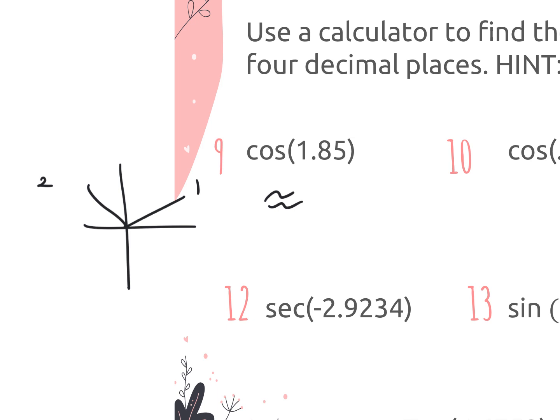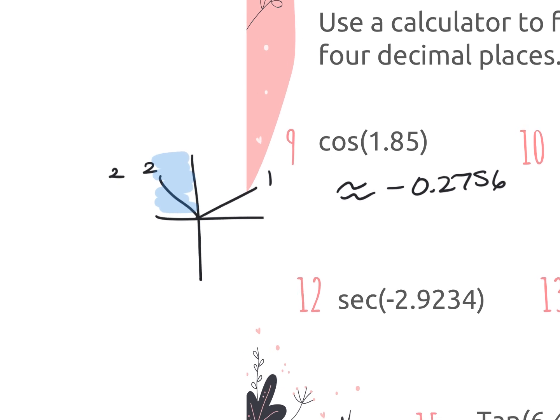And you should be getting negative 0.2756 rounded to 4 places, because 1.85 radians is located in quadrant 2. And remember, in quadrant 2, when you do your All Students Take Calculus, only sine and cosecant are positive. Cosine's negative in quadrant 2, which is where 1.85 radians is located.